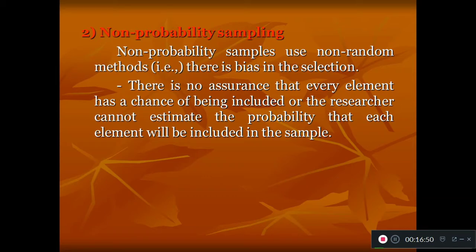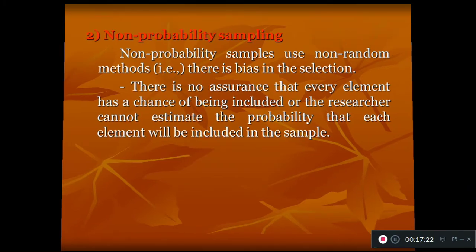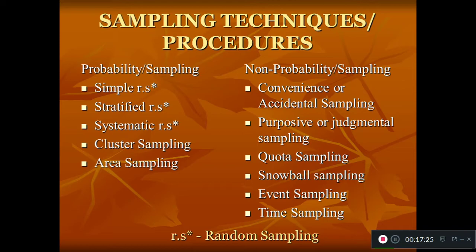This method does not assure that equal chance and equal importance is given to every element to get selected in the research group. This is the sampling approach which we use in quasi-experimental studies. Sometimes we use this in pre-experimental studies. We also use this in non-experimental research.